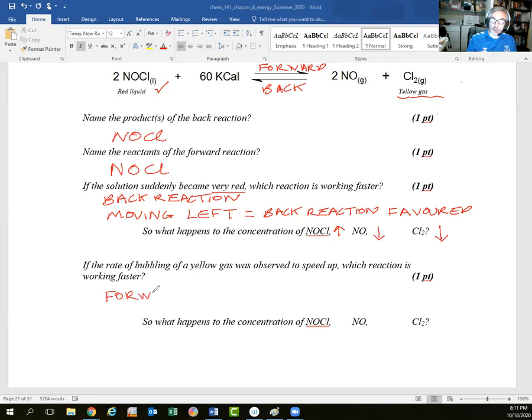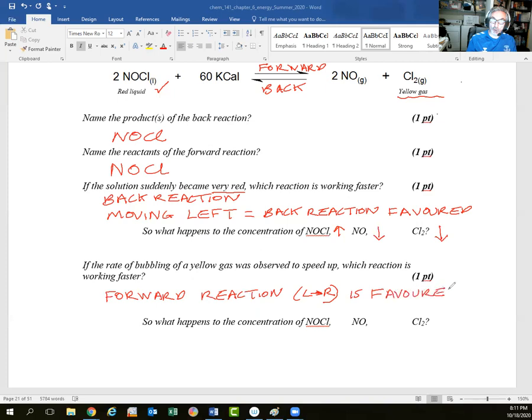So this is all about the forward reaction working harder, because that's a movement from left to right.